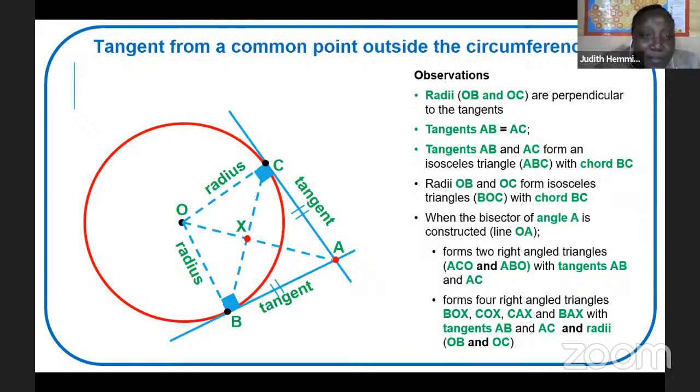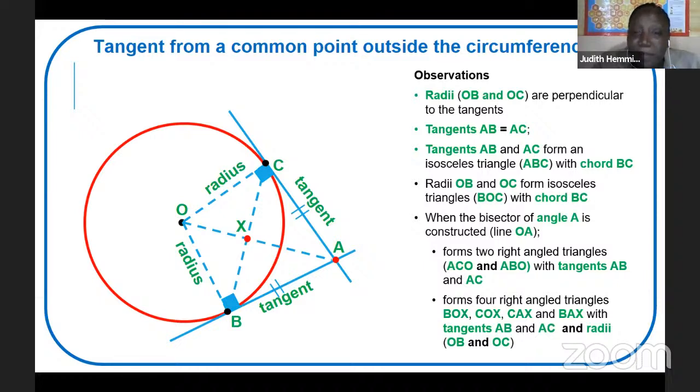That would be triangle OCX or COX, whichever order you want to call the letters in. CAX, Regina, BAX. Okay, how many right angles are we getting there, Regina? How many right angles are formed? 4, excellent.